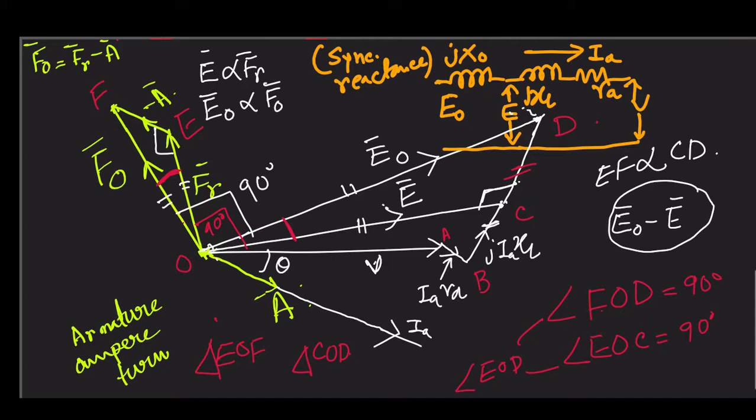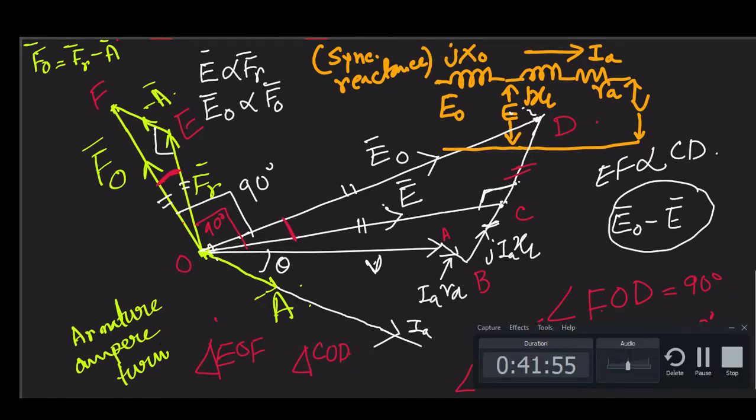It is very interesting to note that this synchronous reactance is not a physical one. Neither is XL a physical reactance. This is used to represent the drop caused by the demagnetizing ampere turns of your armature winding.